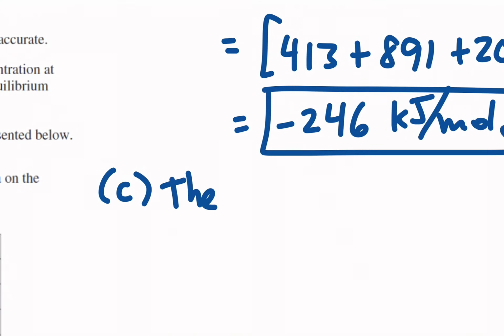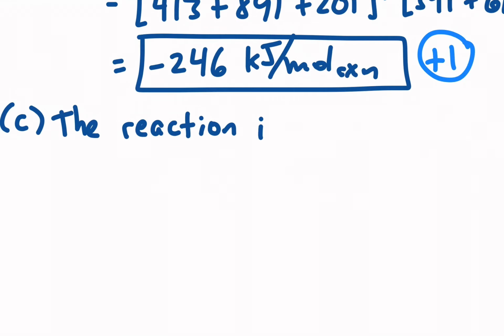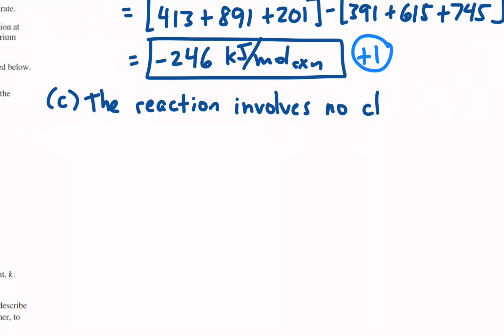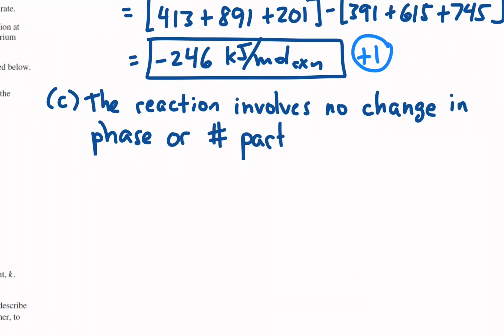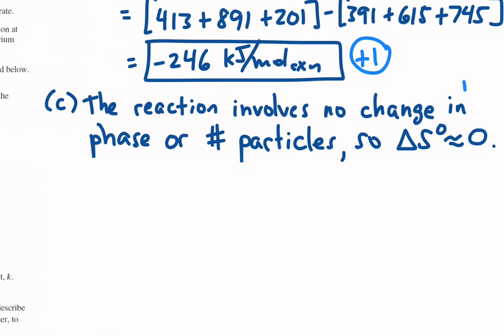The reaction involves no change in phase or number of particles. So delta S should be pretty close to 0. And that's just a 1-pointer, offering some explanation as to why the entropy is expected to not change that much.